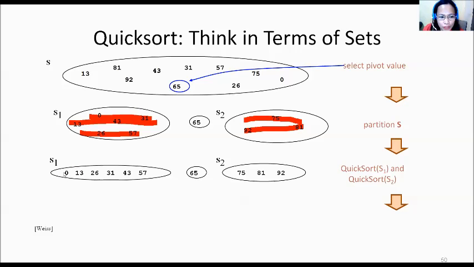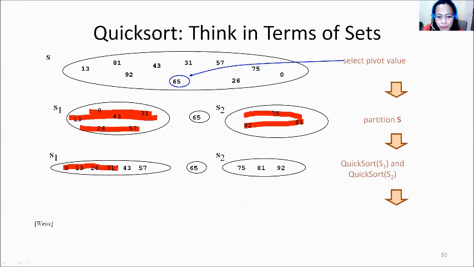So sorted values is, of course, 0, 13, 26, 31, 43, and 57. So again, this is just a pivot. We're just going to write it up. Next is we're going to sort the given data here, the S2. So sorted value is 75, 81, 92.